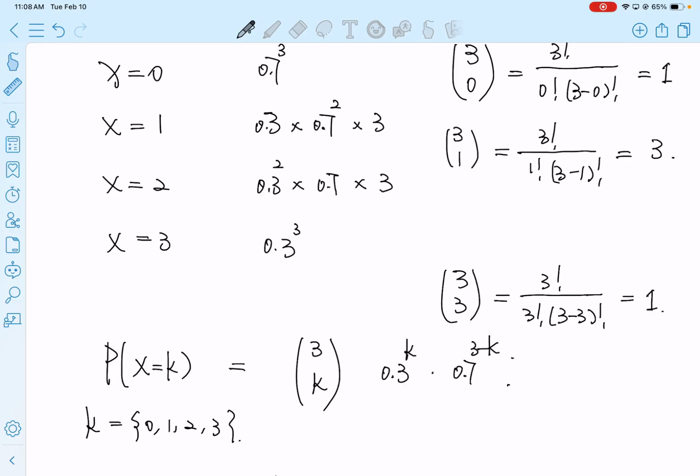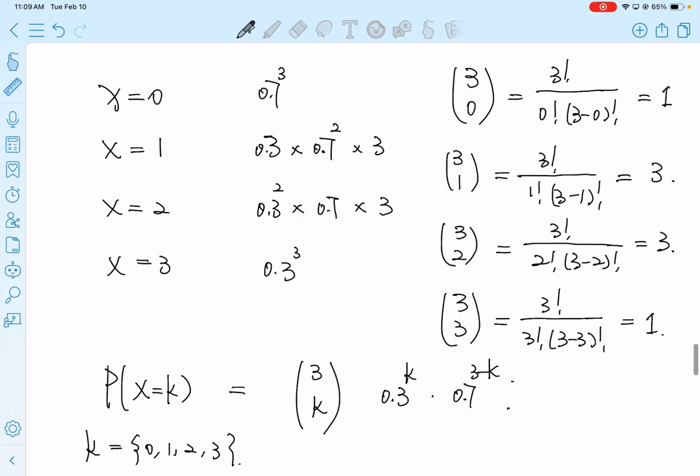And then similarly for 3 choose 2, you have the 3 different outcomes, and you want to choose the case where you have 2 heads. When you plug in the formula, you will have 2 factorial and (3 minus 2) factorial. This will also be equal to 3.